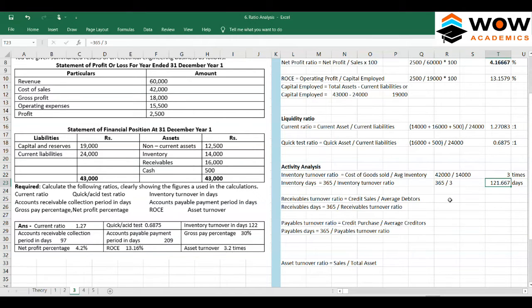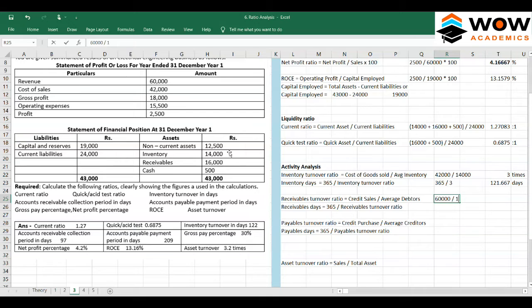So we'll move on to the next one, receivable turnover ratio. So we have to get the sales. Credit sales is not available in this question. If credit sales is not available in the question, as we said in the earlier videos, you can assume all the sales to be credit sales. So it's going to be 60,000 divided by the debtors.